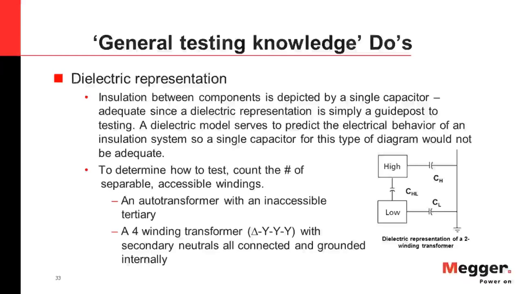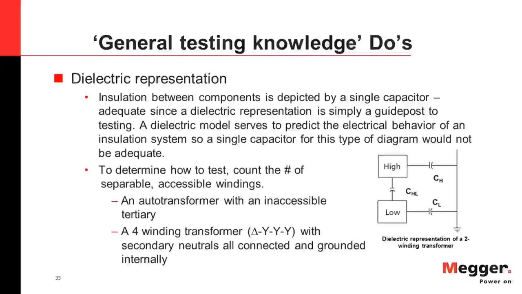So in this case, this 4-winding transformer still will be tested using a 2-winding transformer test procedure, but with the exception that the results will not be entirely meaningful. In fact, when you measure the interwinding insulation, CHL, you'll potentially end up with some negative power factor values because of that Y grouping, whereby the neutral is still left connected to ground.